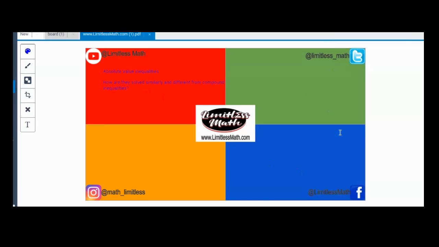To begin, let's start with the example, the absolute value of 3 minus 9a is less than or equal to 60. What I want to point out is all absolute value inequalities turn into compound inequalities.